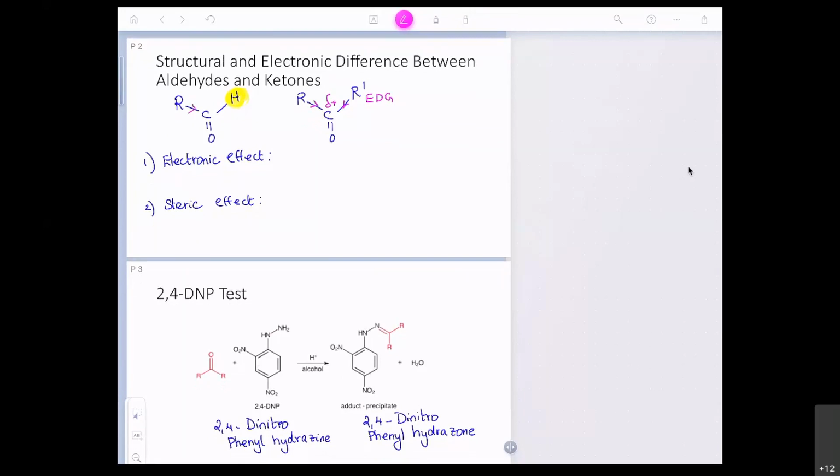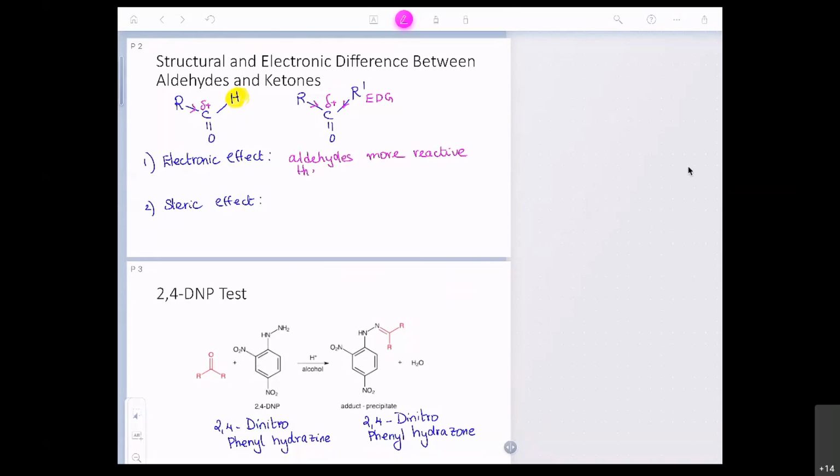You have only one electron donating group. This is, of course, based on the assumption that the R group is electron donating. If that is the case, you can see that the nucleophilicity of the carbonyl carbon on the ketone reduces, whereas the nucleophilicity on the carbonyl carbon of the aldehyde is not, which makes the aldehydes more reactive than ketones.